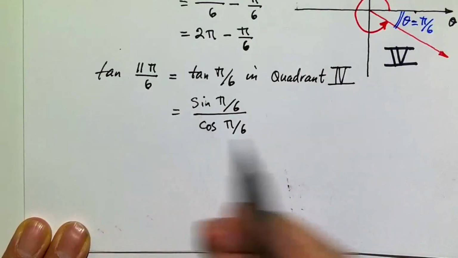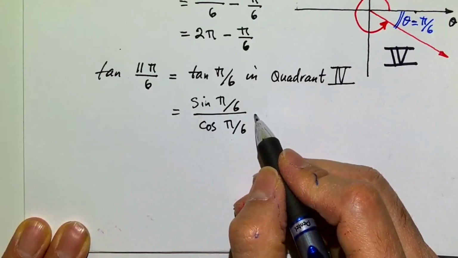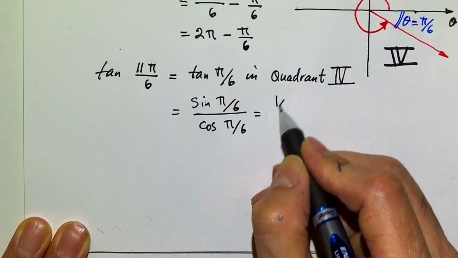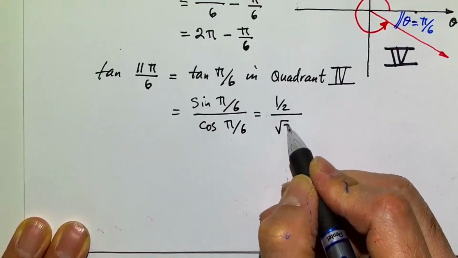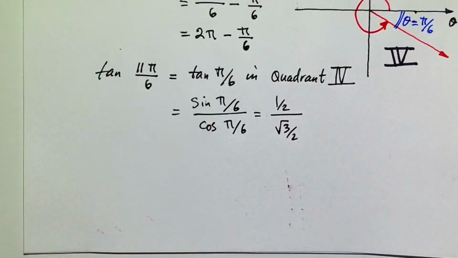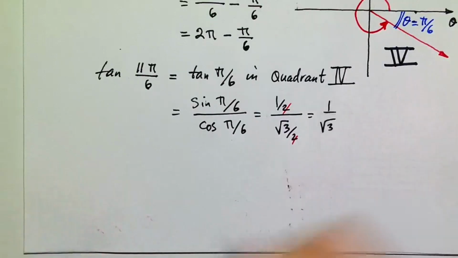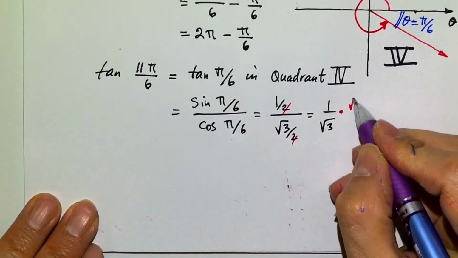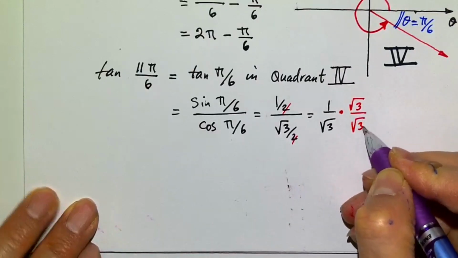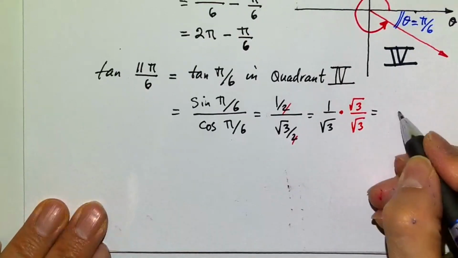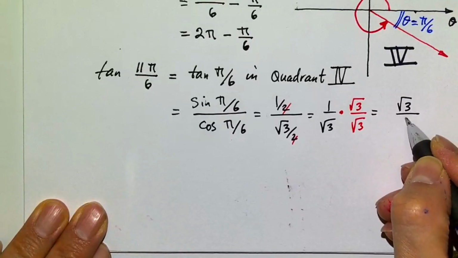Tangent is equal to sine over cosine. And then this is equal to 1 over 2 over square root of 3 over 2. Once again, the 2's cancel out. We get 1 over square root of 3. We need to rationalize this. Square root of 3 over square root of 3. We end up with square root of 3 over 3.